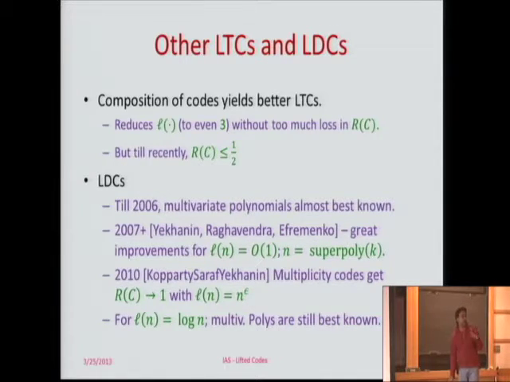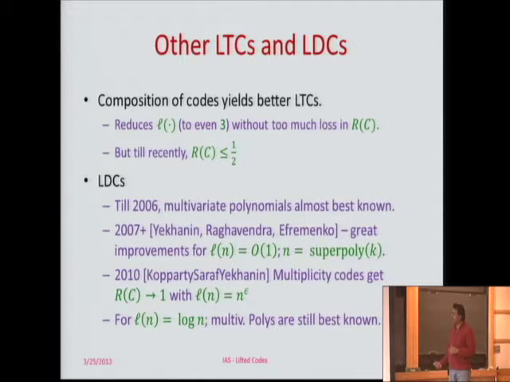So if you want to build codes which have locality 3, so you make 3 queries to decode, you could get vastly improved results, but still at this stage the length of the code is significantly super polynomial in the size of the message. Getting better is open. Possibly they don't exist, but we don't know how to prove such things.